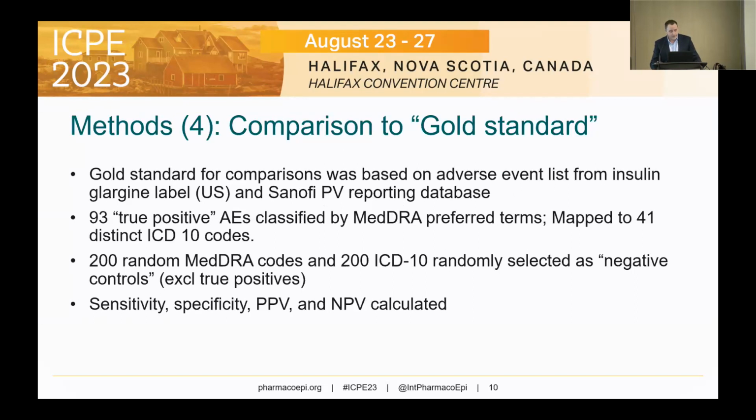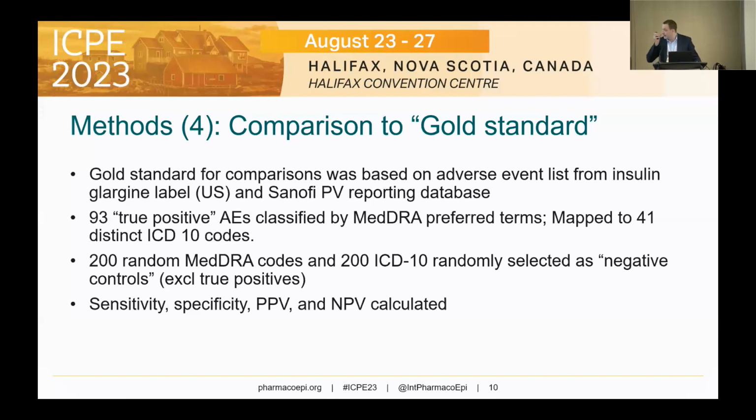Finally, we compared the results from our TreeScan analysis and our disproportionality analysis to a gold standard list of adverse events. This was based largely on events that are listed in the Lantus US product label and were supplemented with adverse events identified in the Sanofi PV database.